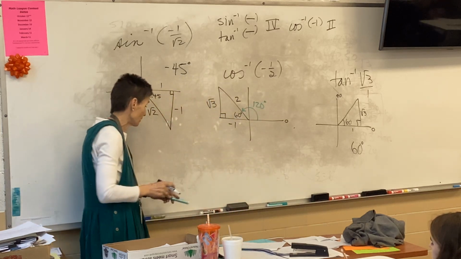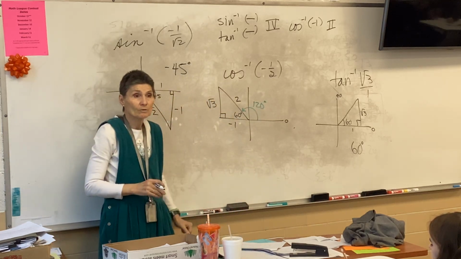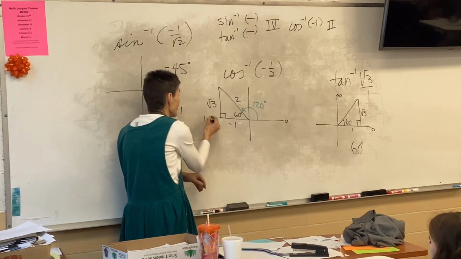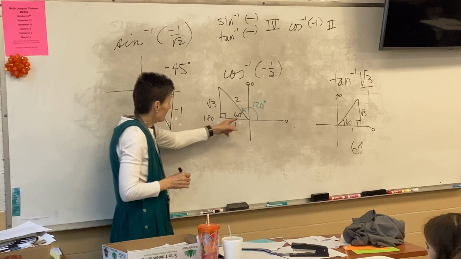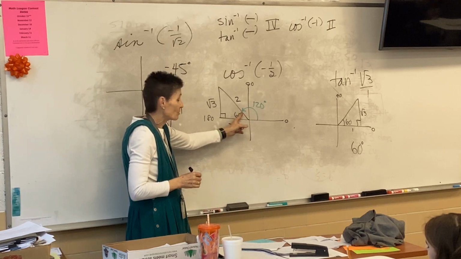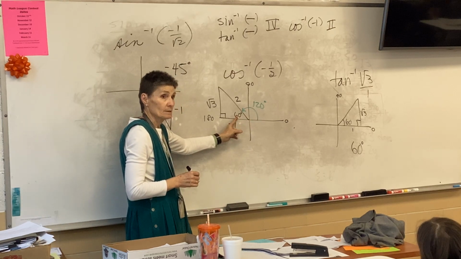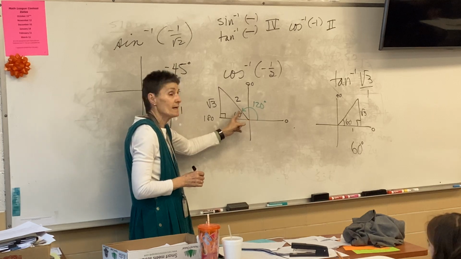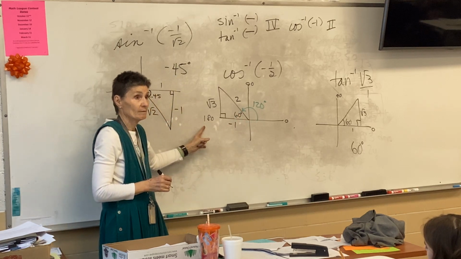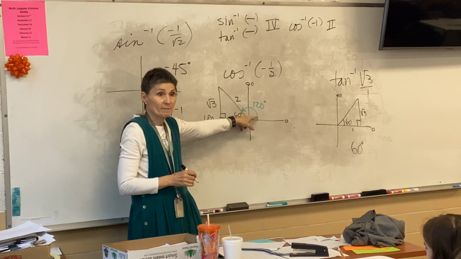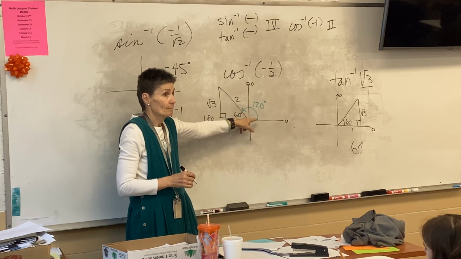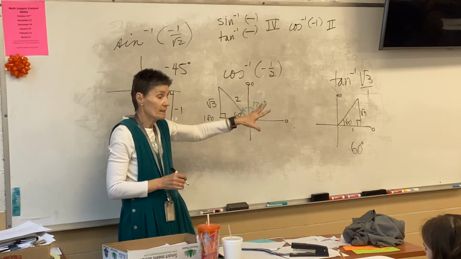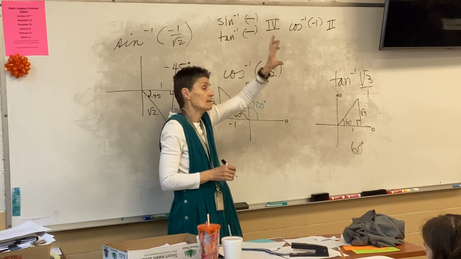It's 120 degrees. How do we know it's 120 degrees? Because all the way to here is 180, right? I came this far, but there's still 60 to go. So 120 and 60 would give me my 180. So the answer to the problem is 120 degrees. That's tricky. You gotta get around into quadrant 2.